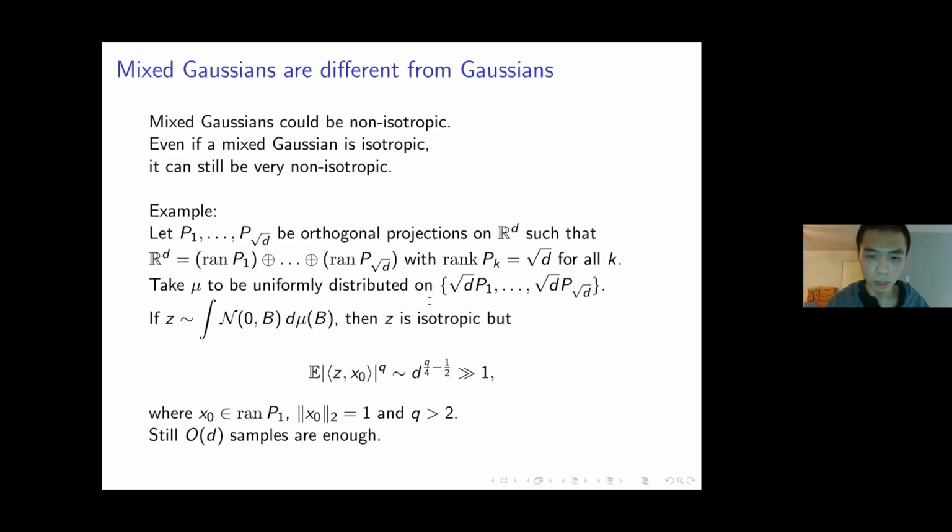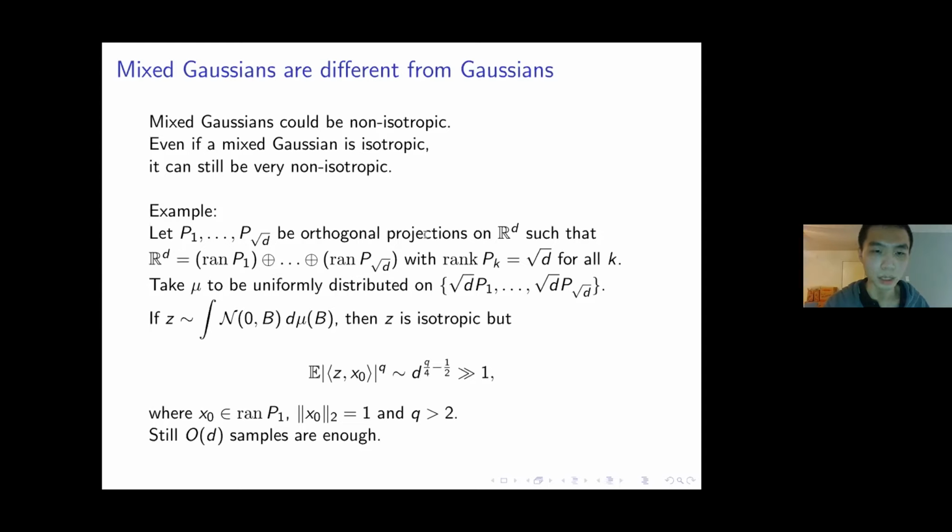And then we take this mixed Gaussian. We can consider a scaled standard Gaussian on each subspace, and then just take the mixture of these.